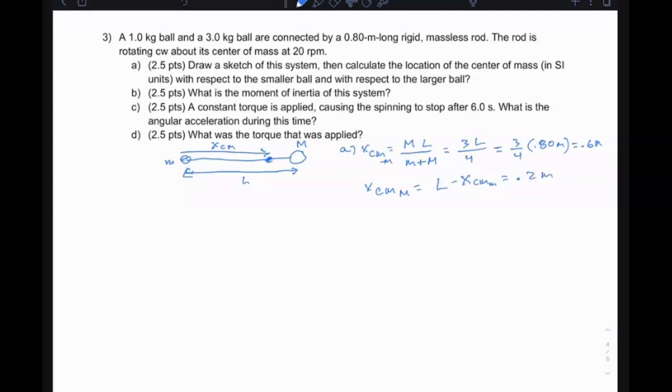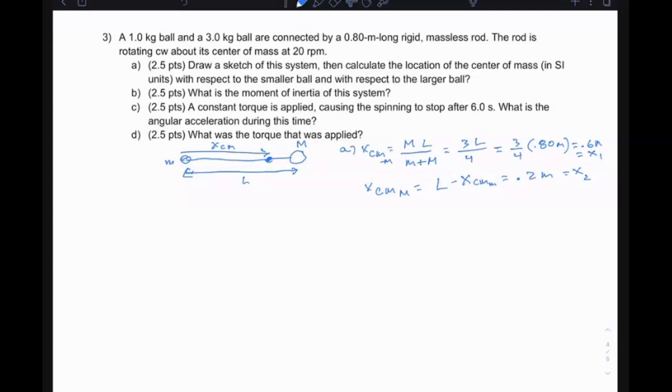And I'll go ahead and call this X2, and I'll call this X1. All right. So that's the answer to part A.